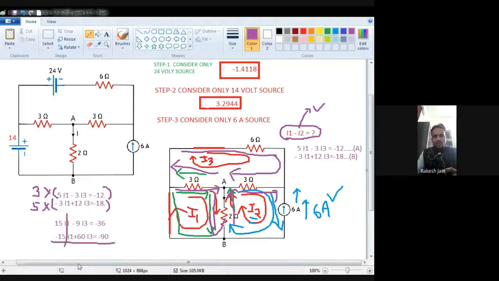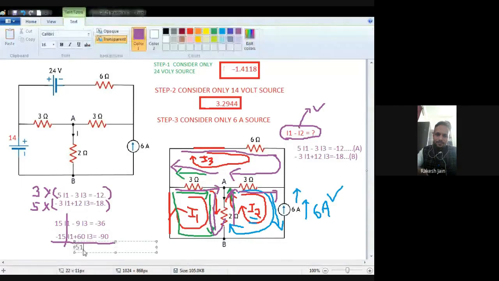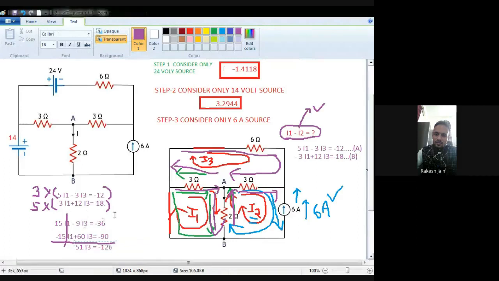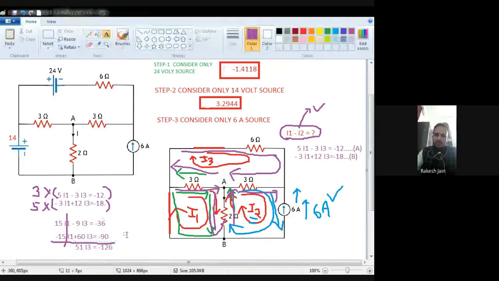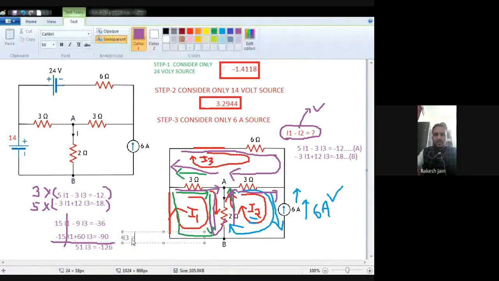What happened here? Kindly wait. This plus 3 I3, I am writing down because it removes minus 3 I1, that is equal to 0. Okay, so what is my equation number third?